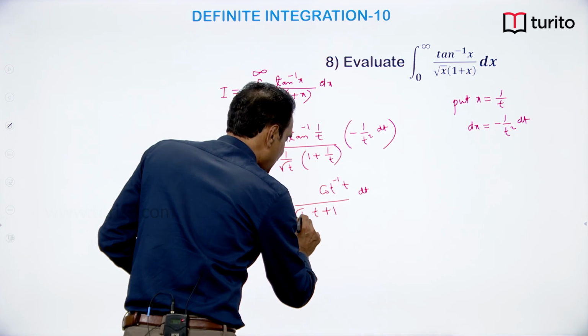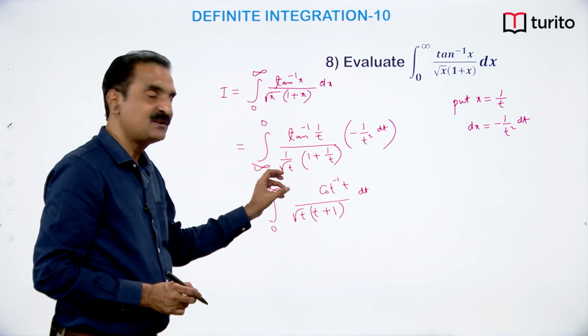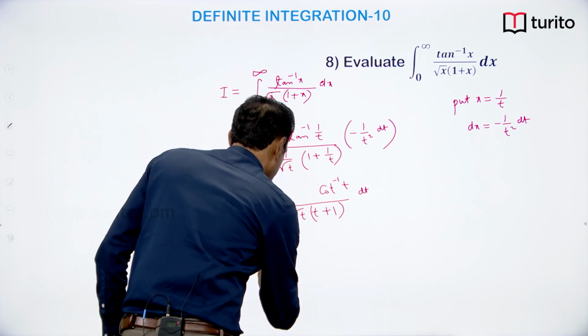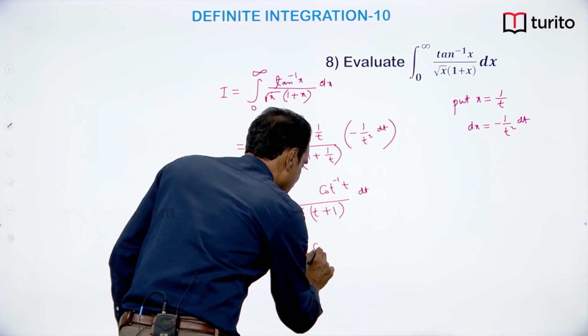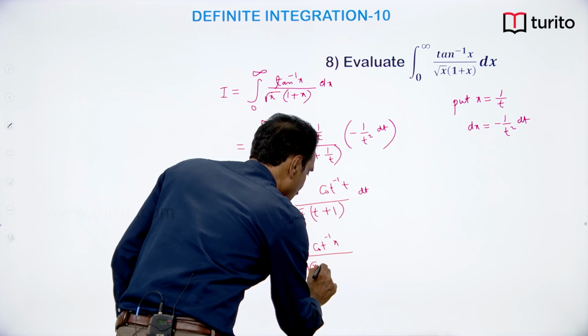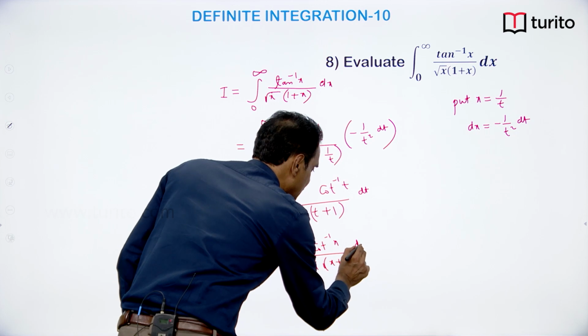You will get root t into t plus 1, right. Now, I can change the variable t to x. This is equal to integral 0 to infinity cot inverse x by root x into x plus 1 dx.